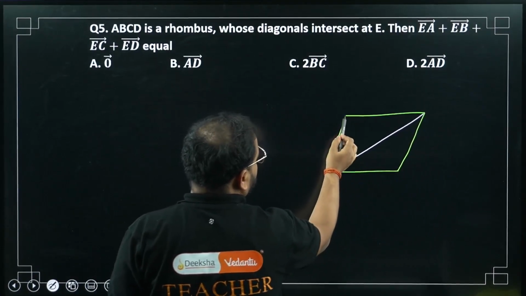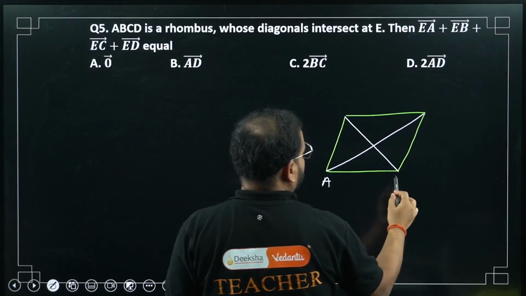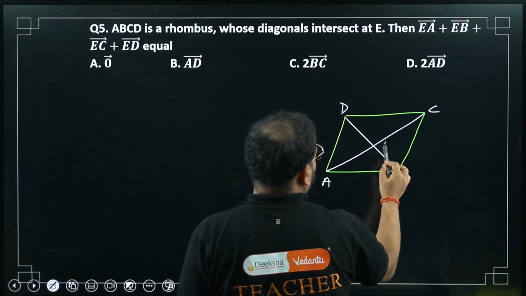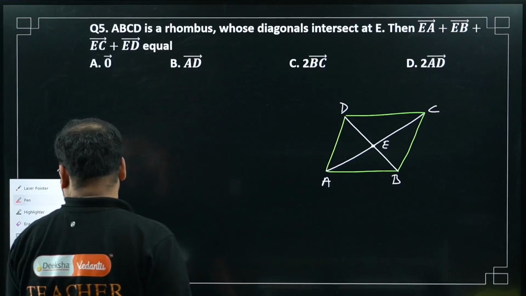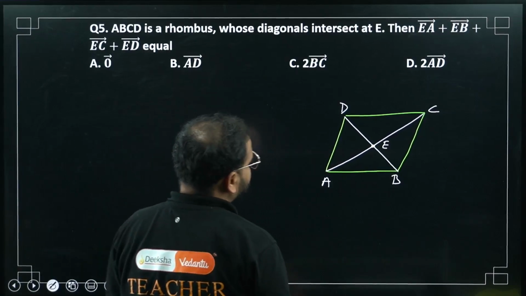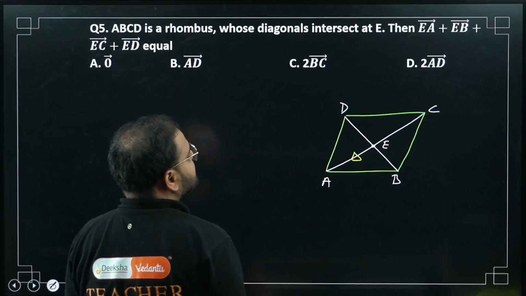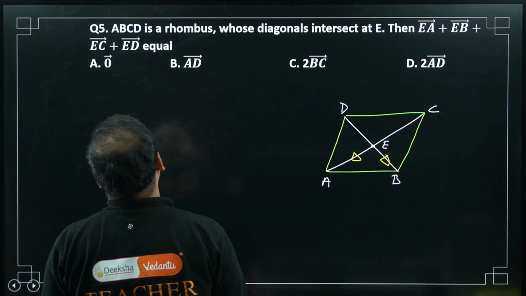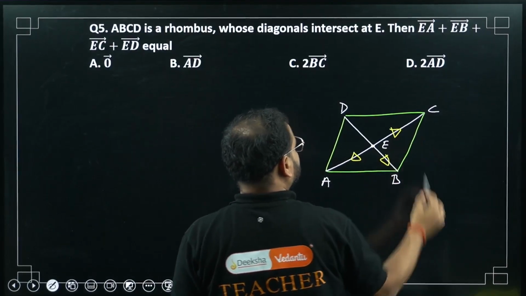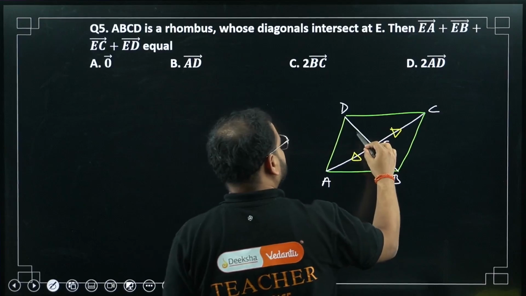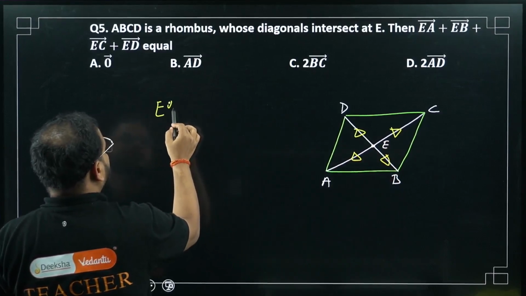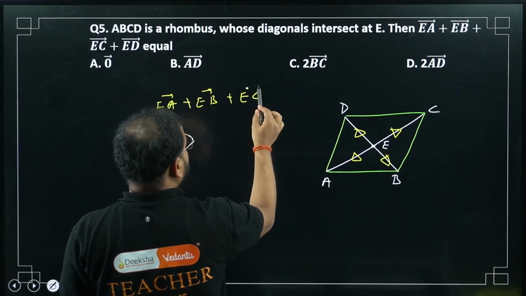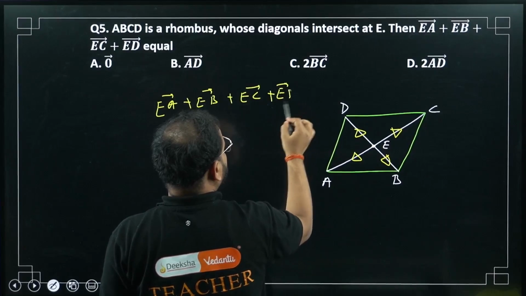A, B, C, D intersect at point E. They're asking for the vector EA plus EB plus EC plus ED, the sum of these vectors. How much is it?